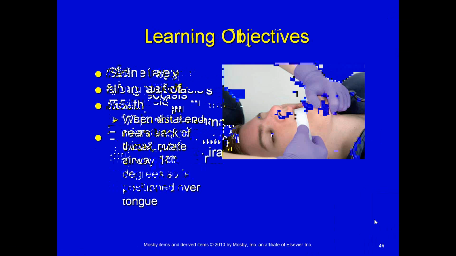Once it goes up over that hump in the back of the nose, then you can easily push it down to where the flange of the nasopharyngeal airway rests on the nostril or the nasal opening.